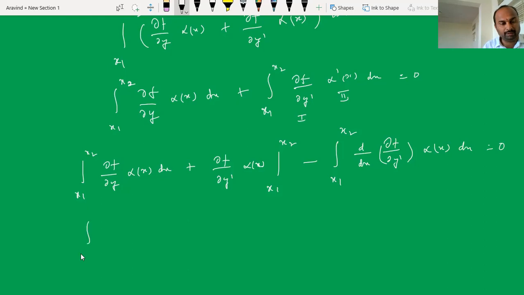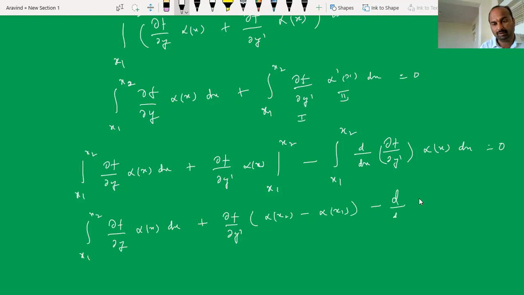So therefore, the integral from x1 to x2 of ∂f/∂y into α(x) dx minus ∂f/∂y' where the upper limit is x2, so it becomes α(x2) minus the lower limit α(x1), minus the integral from x1 to x2 of d/dx of ∂f/∂y' into α(x) dx is equal to 0.